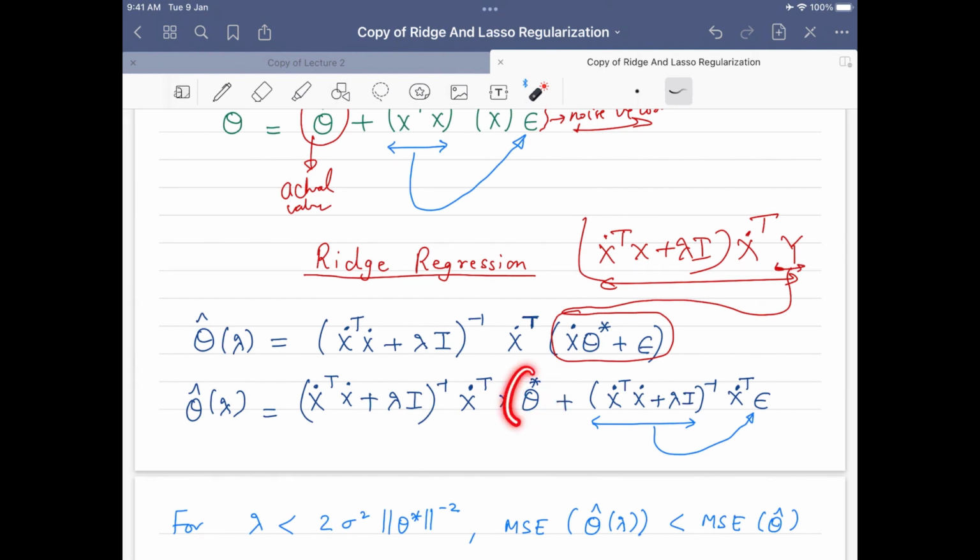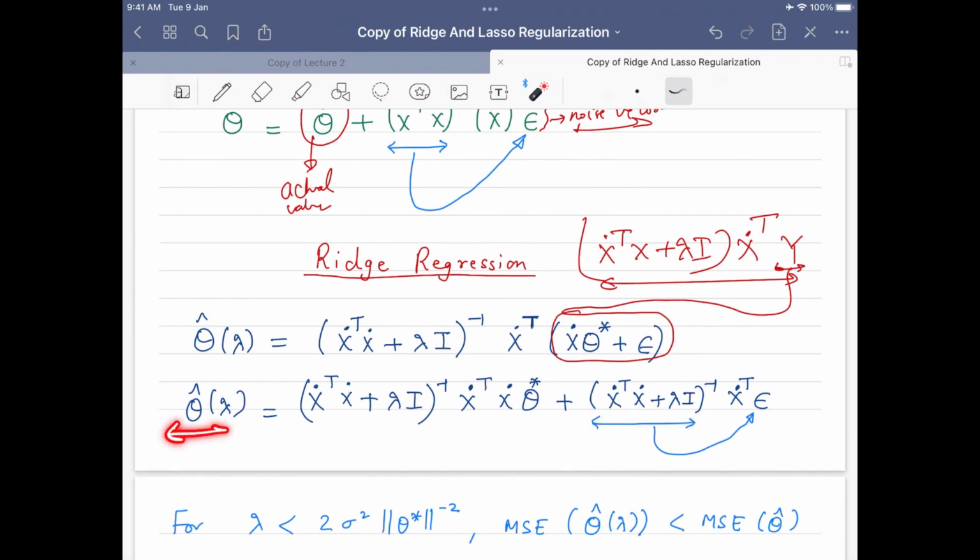You will not get the exact theta star. Please remember, it will be close to the original theta star, but you cannot get the exact values. But it will be regularized by this lambda, which you can see over here. And then this noise also gets reduced by using the proper value of lambda, because now this is not infinite, but it is controlled by this lambda I. And because of this, your noise is controlled.